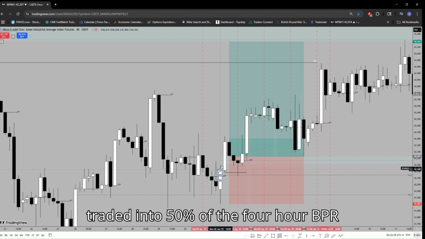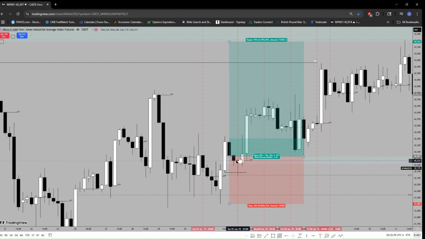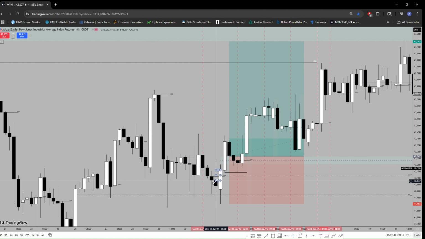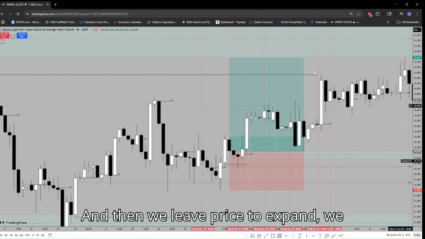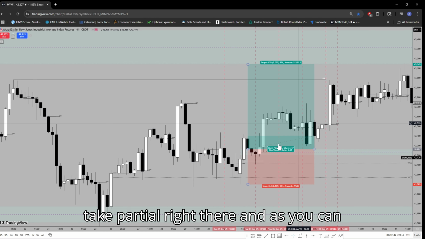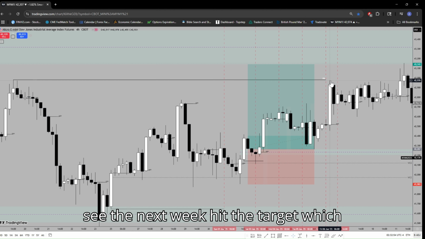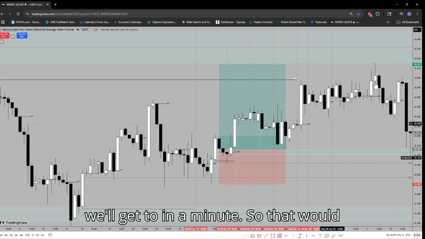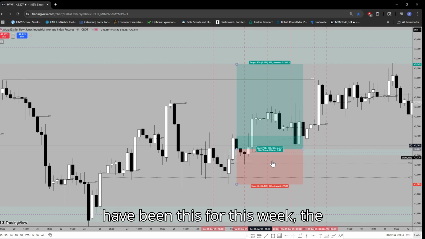We traded into 50% of the 4-hour BPR that forms from the open of this candle to the close of this candle. And then we leave price to expand. We take partial right there, and as we can see, the next week hit the target, which we'll get to in a minute. So that would have been this for this week.